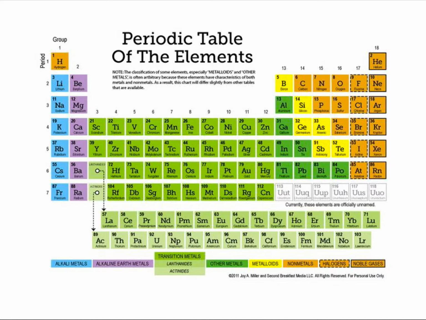Electronegativity is a measure of the ability of an atom to draw an electron from another atom onto itself. So hydrogen is at the far left end, oxygen is at the far right, and as you go towards the right, electronegativity increases.